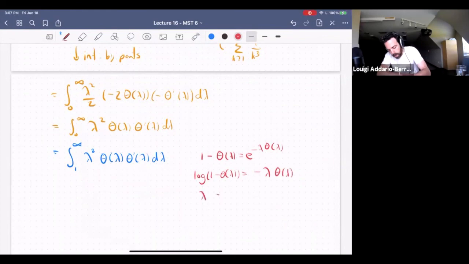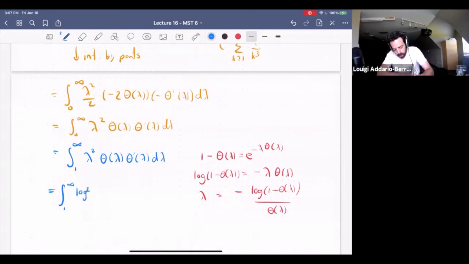So in other words, lambda is minus log of 1 minus theta over theta. Okay, so let's plug that in here. That tells us this integral is the same as the integral of log squared of 1 minus theta, and now the theta squared on the bottom cancels once with the theta on the top. We get over theta lambda, and then we still have theta prime lambda d lambda.